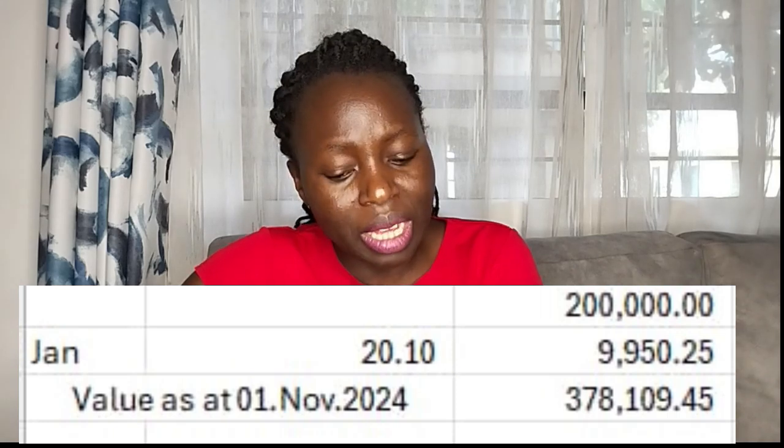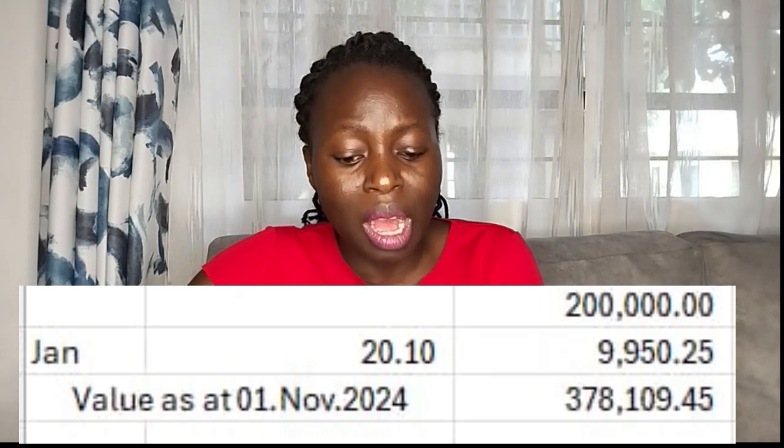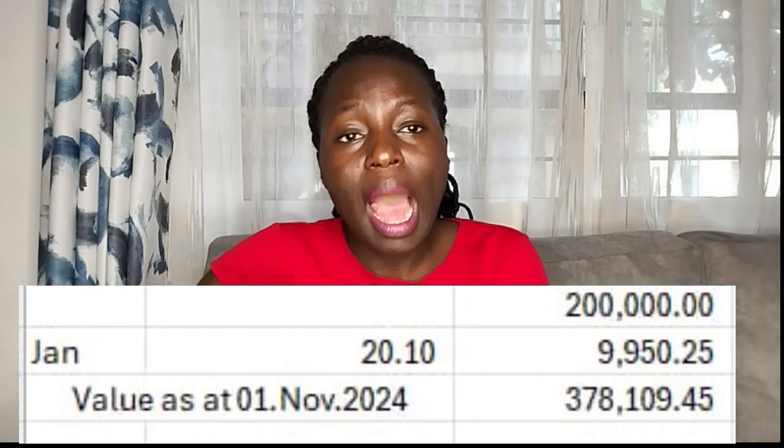So 200,000 divided by 20.10 shillings gives you 9,950 shares, the quantity of shares we would have gotten in January had we used the entire 200k to buy the shares, right?